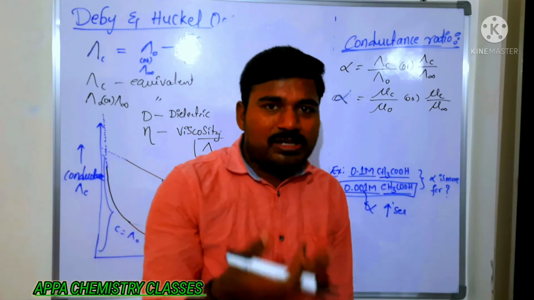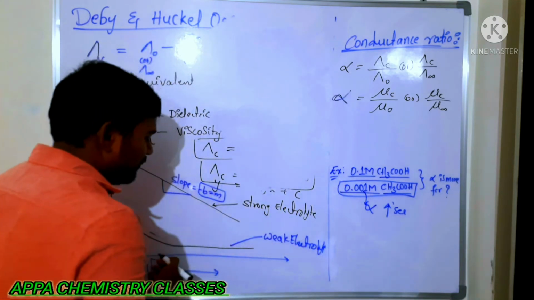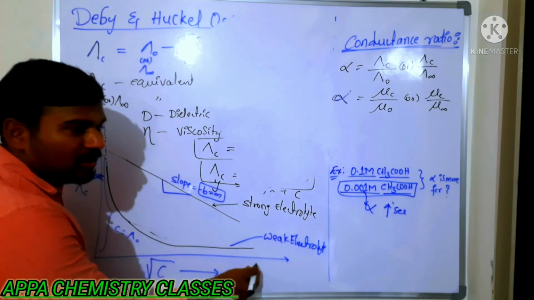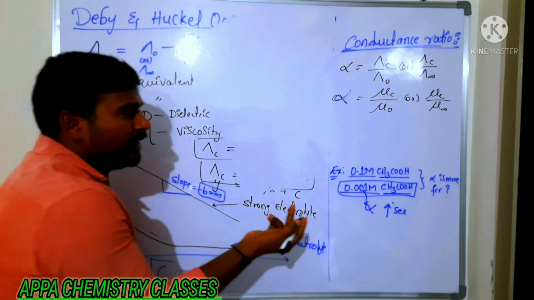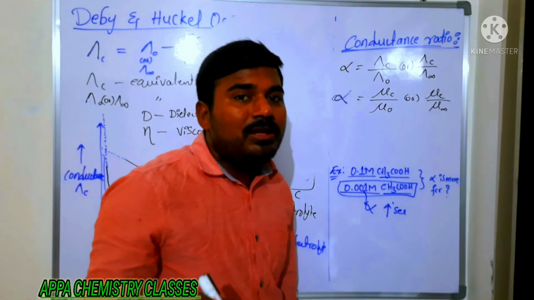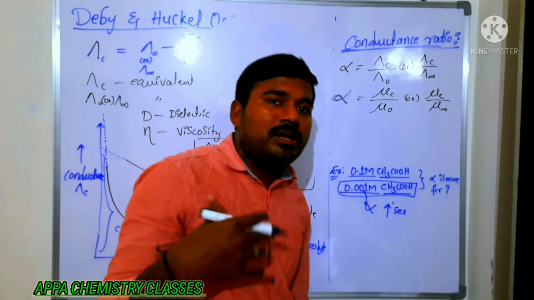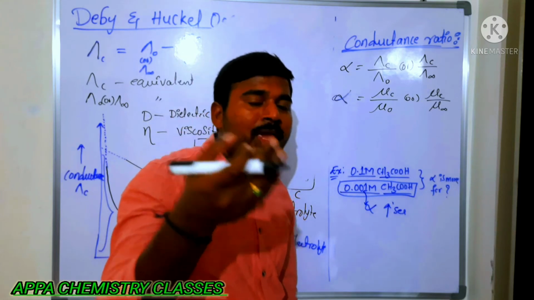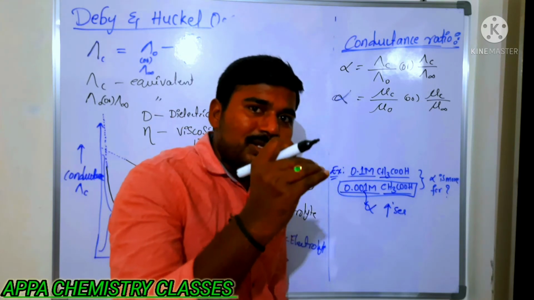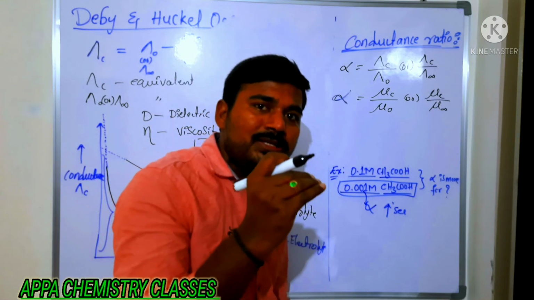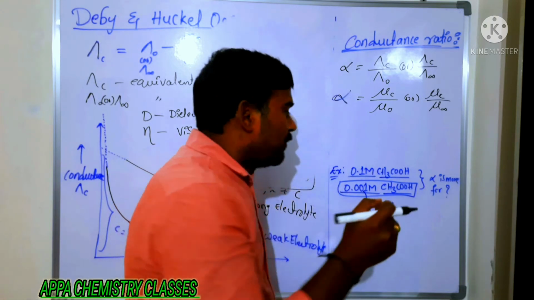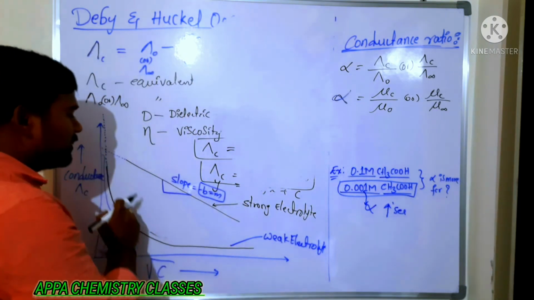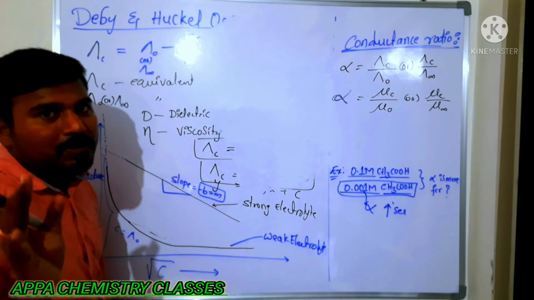As the concentration of a weak electrolyte increases, the conductance decreases. At low concentration, the conductance of both weak and strong electrolytes will be very high. Strong electrolyte conductance decreases only slightly upon increase in concentration, whereas weak electrolyte conductance decreases very abnormally.